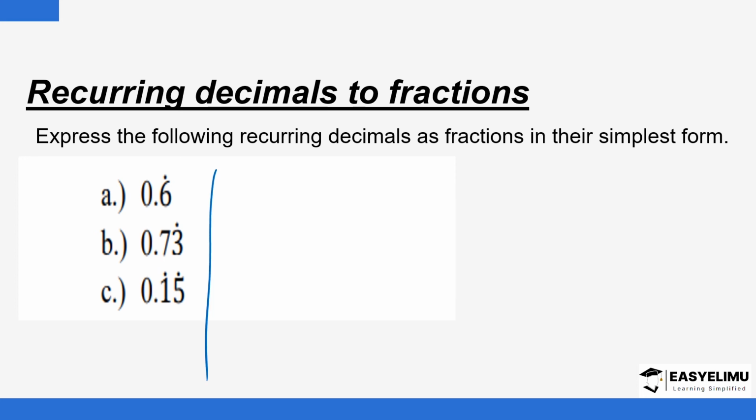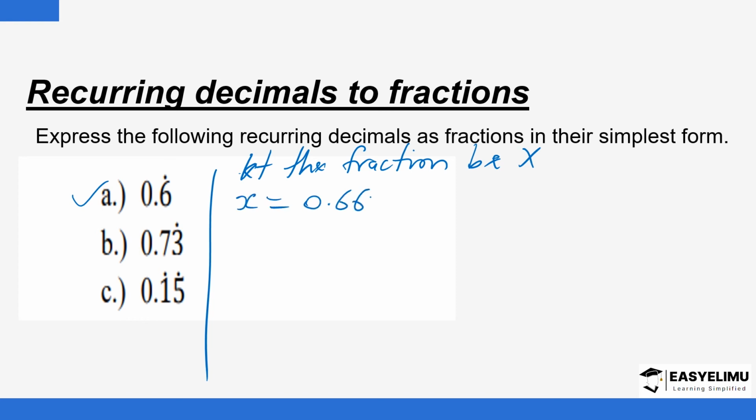So I want to start with the first one. Normally, when you want to express a recurring decimal as a fraction, you let the fraction be a letter like x. So remember, I'm doing part a here. So that x represents 0.66.